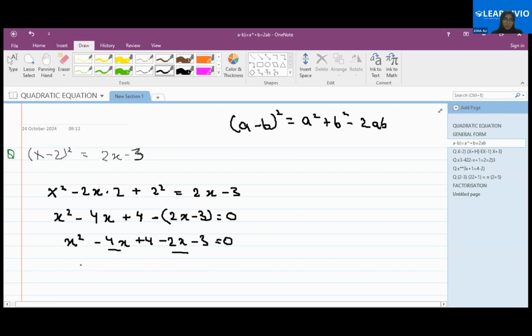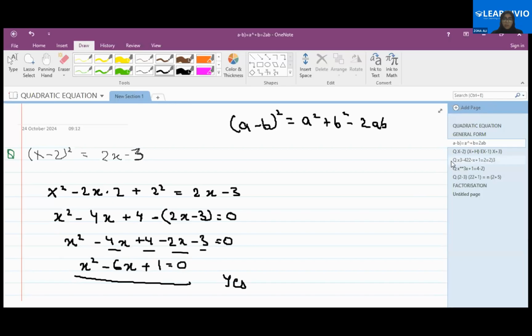Minus 6. So it will give you x square minus 6x, plus 4 and minus 3 will give you 1, plus 1 is equal to 0. So is this a quadratic equation? Yes, this is a quadratic equation.